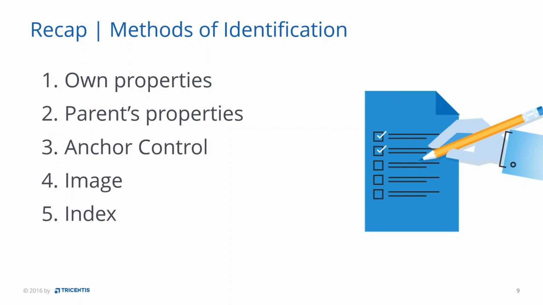There is anchor control, so you choose a control that is stable, that you can link it to. Image, so you take a picture and you compare it to another picture. And finally, index, so its position on the page relative to similar controls.